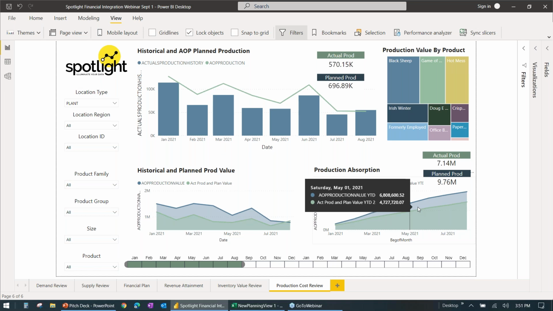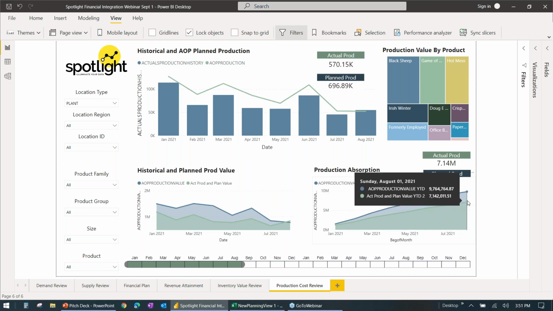So this tells me I am under budget on the manufacturing side, by about 2.5 million. Your plant managers are probably going to be freaking out, knowing they're missing their absorption numbers by almost 2.5 million.